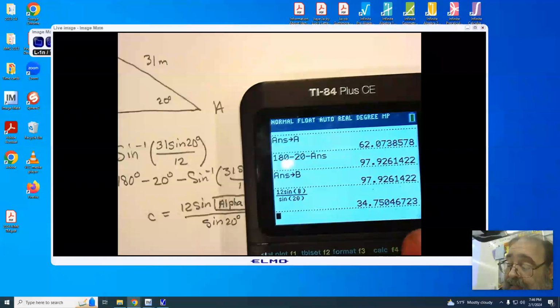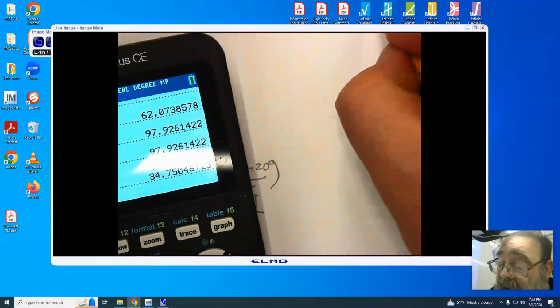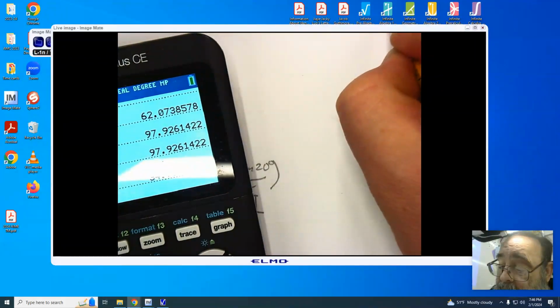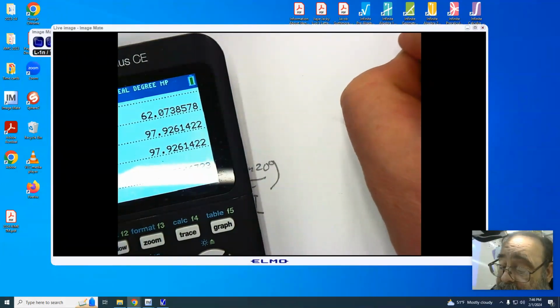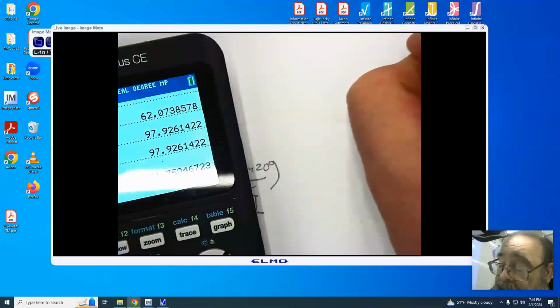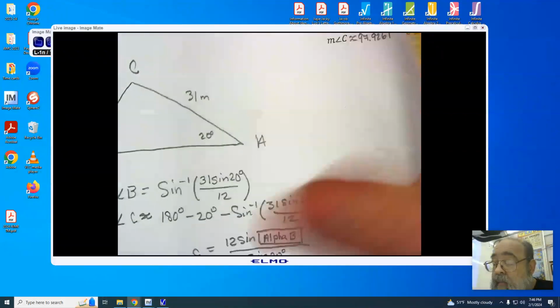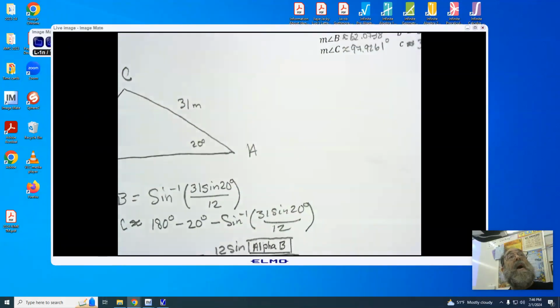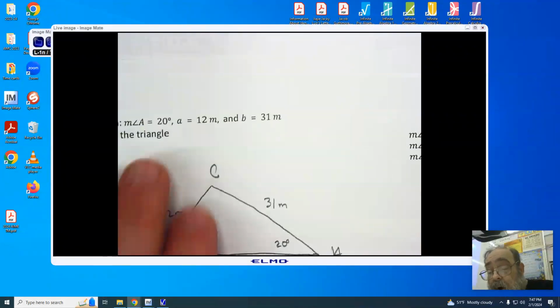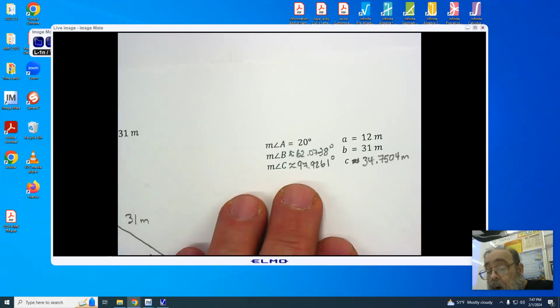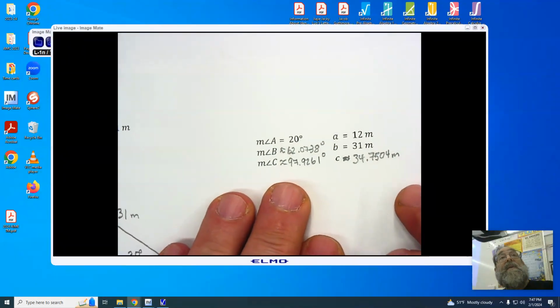You now have side C, as accurate as it can be given the information we have. This is 75.04, and once again I am truncating, not rounding. And this is my answer. Notice this is the solution to the triangle. Whenever we say solve the triangle, we want all angles and all sides.